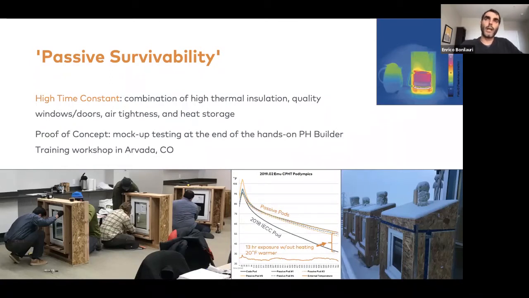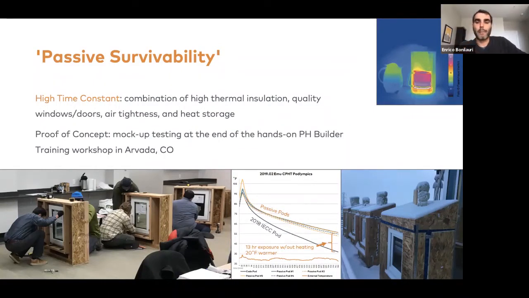These are fully enclosed micro buildings that we heat up for a certain amount of time, and then we carry them outside in the cold to let them cool down, and whichever remains warm the longest wins, because they have achieved the highest thermal resiliency by means of building better.